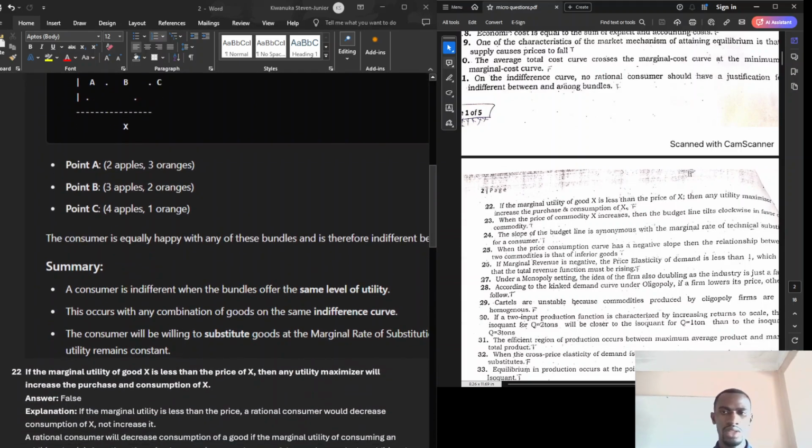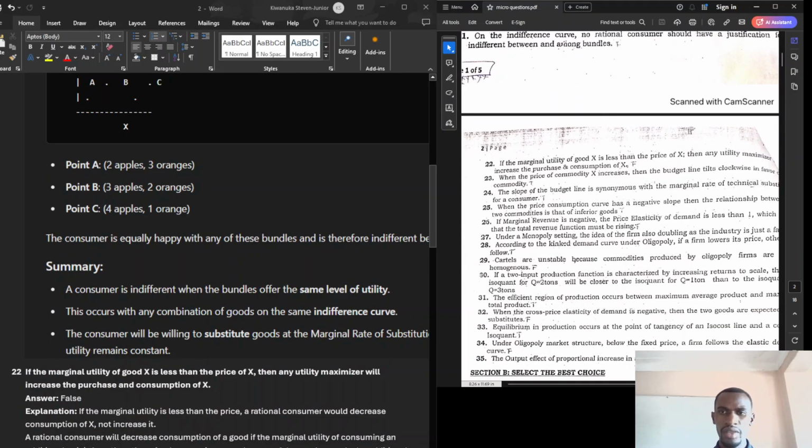So 22 says, if the marginal utility of a good X is less than the price of X, then any utility maximizer will increase the purchase and consumption of X. You see that is false. What does this question want? We know marginal utility is the additional satisfaction from consumption of an additional unit.